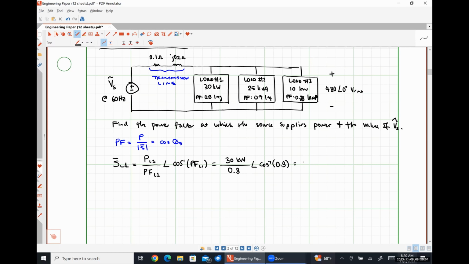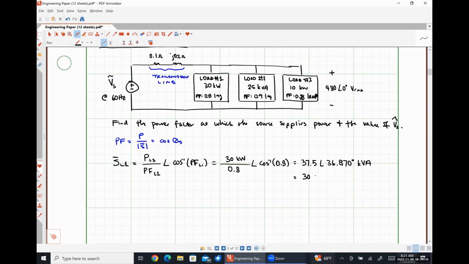I get 37.5 with an angle of 36.870 degrees kilovolt amperes in polar form. And just for the heck of it, in case we need it in a little bit, 30 plus j22.5 kVA in rectangular form.